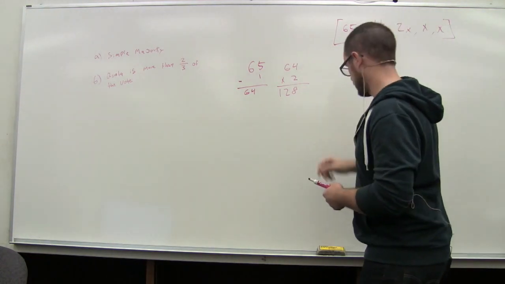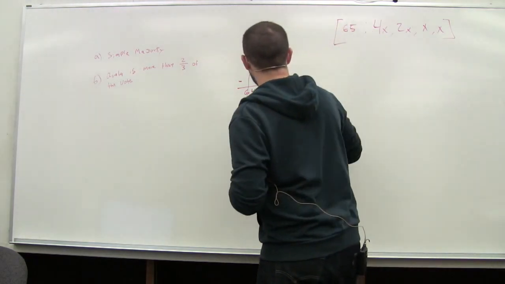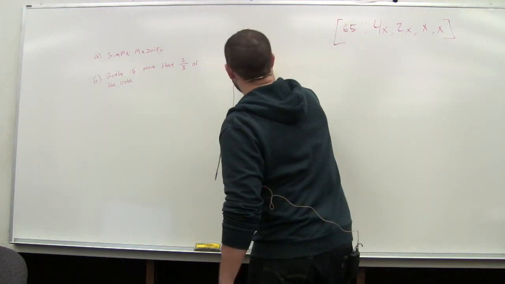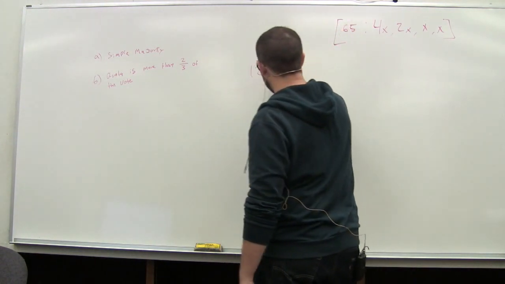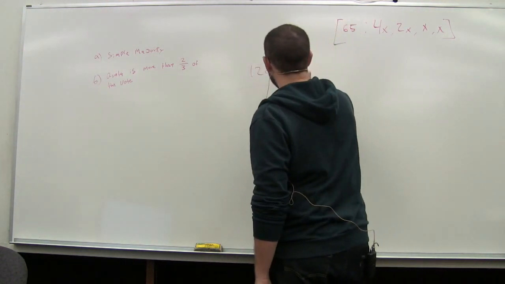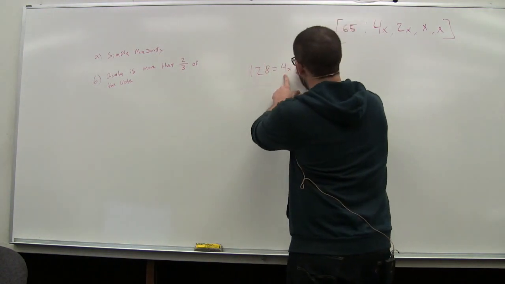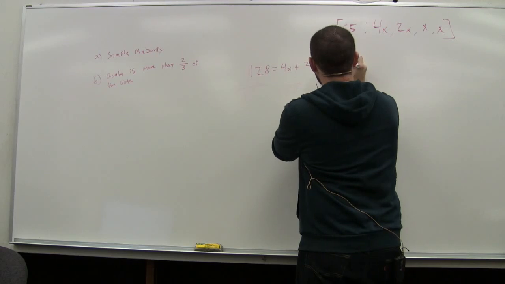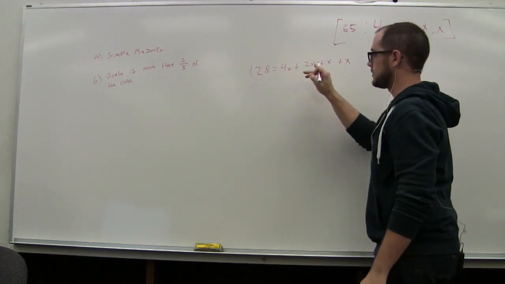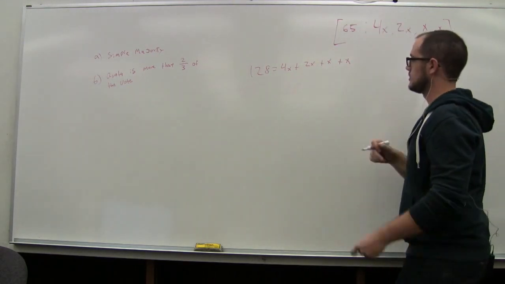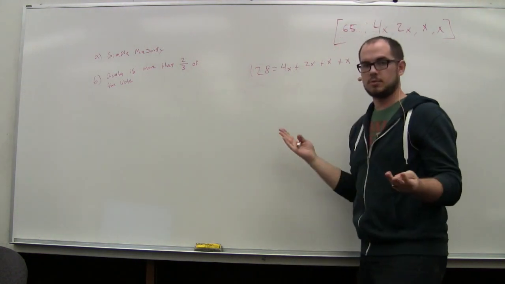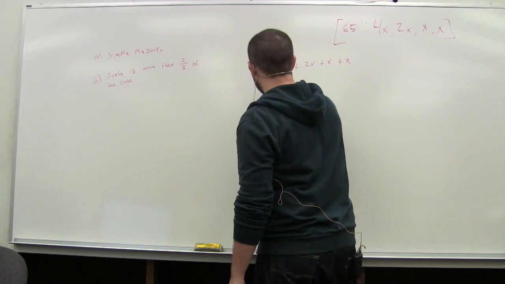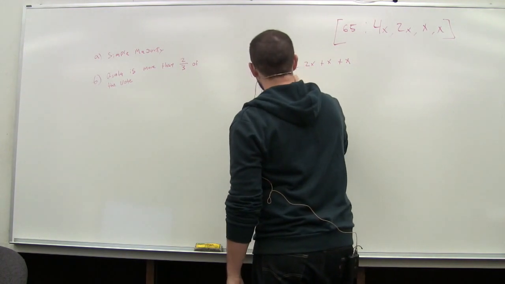Now we're going to create an algebra problem. We have our total number of votes, which is 128, and that's going to equal the weight of player 1 plus the weight of player 2 plus player 3 plus player 4: 4x plus 2x plus x plus x. Now we're just going to treat this as a simple algebra problem. We combine like terms and solve for x. So we get 128 equals 8x.